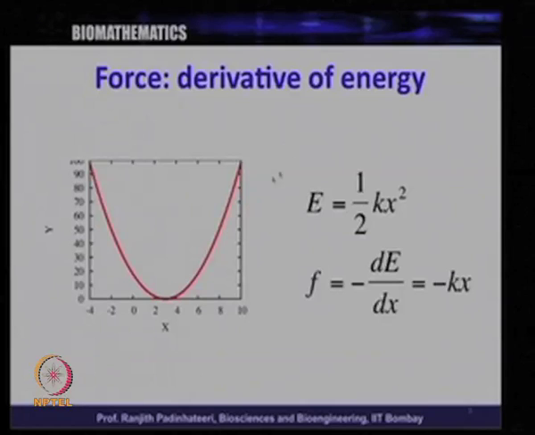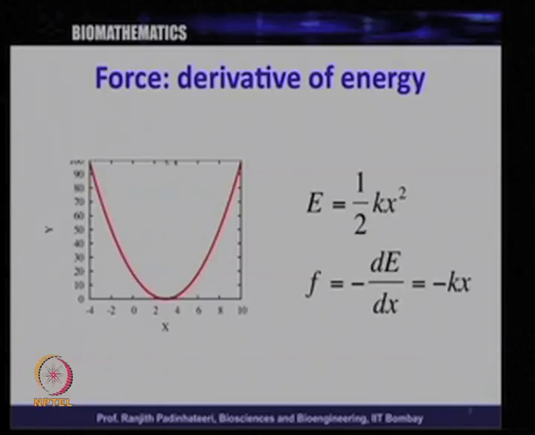Now, if you know this energy, finding the derivative dE by dx with a minus sign will give you the force in this case. So, let us calculate dE by dx of half k x square.